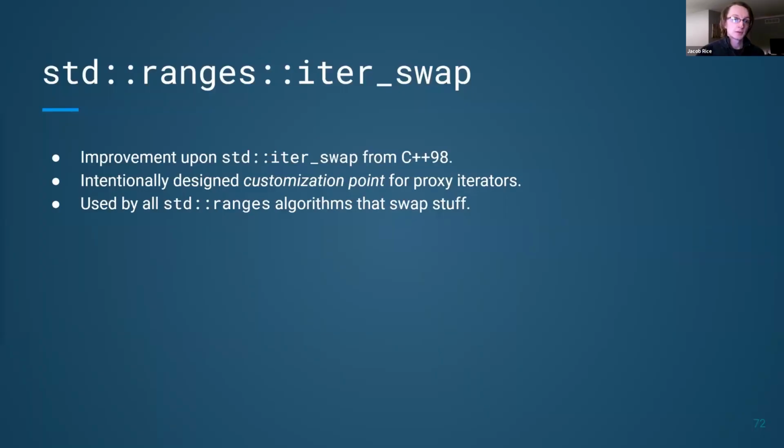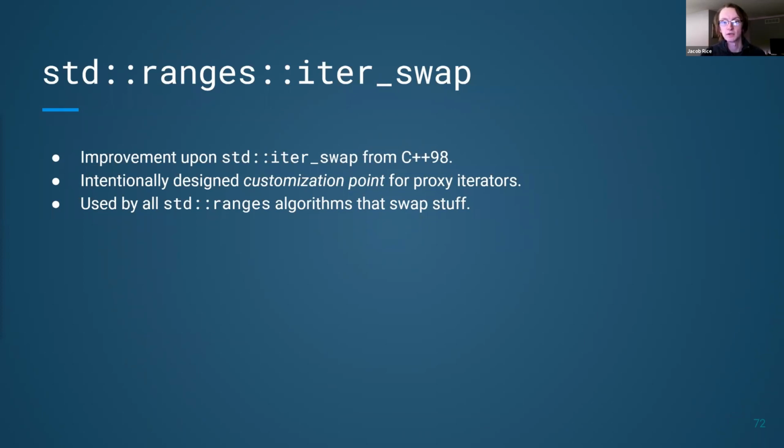So iter swap existed in C++98, but it wasn't really a customization point. In fact, the standard didn't require that algorithms do that ADL trick. So a lot of standard algorithms like std reverse simply called the qualified std swap, or std iter swap, excuse me. So that doesn't allow us to customize iter swap or to use them with our custom iterators.